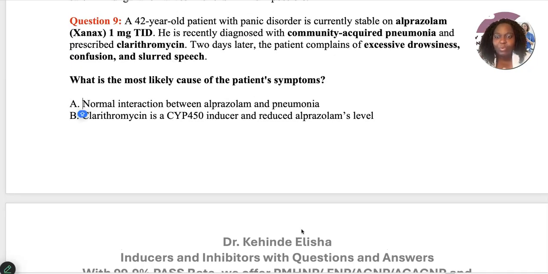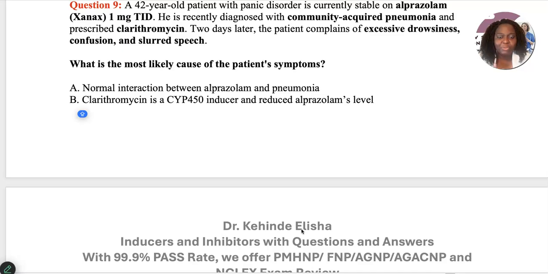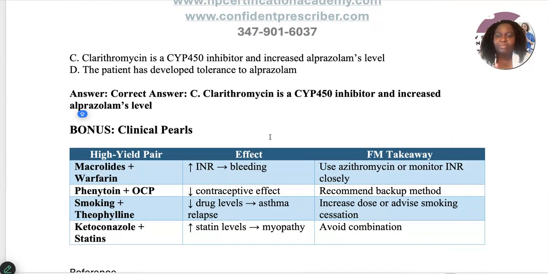A, normal interaction between alprazolam and pneumonia? B, clarithromycin is a CYP450 inducer and reduced alprazolam's level. C, clarithromycin is a CYP450 inhibitor and increased alprazolam level. D, the patient has developed tolerance to alprazolam.